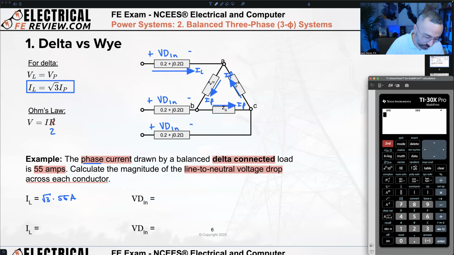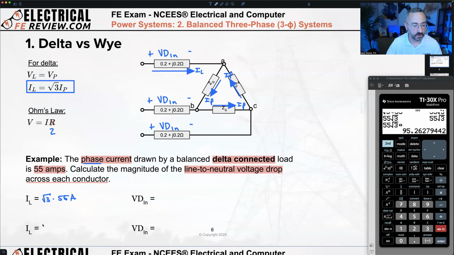So back in my calculator, let's ask it, what's 55 amps times the square root of 3? We get 95.3 amps. Again, this is the line current of our system. That's this quantity right here.